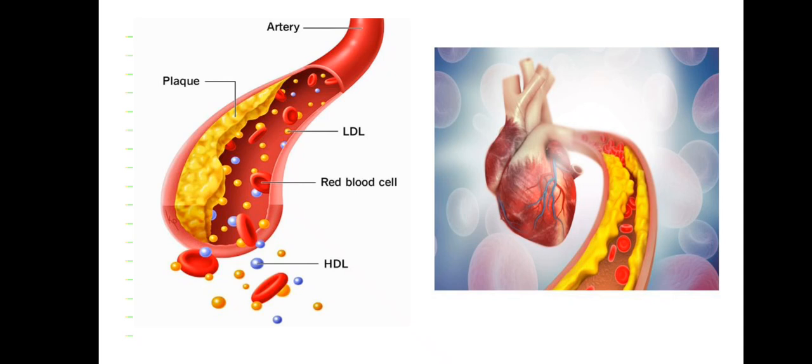Now, imagine a situation whereby you've got a cholesterol plaque. What we mean by a cholesterol plaque is the collection or assembly of cholesterol at one particular point in the blood vessel. You can see that this cholesterol plaque is blocking the flow of blood in this blood vessel. You don't want that situation, because this can bring about hypertension.